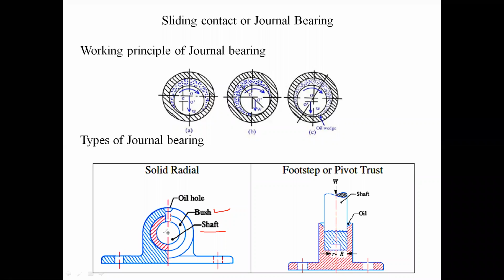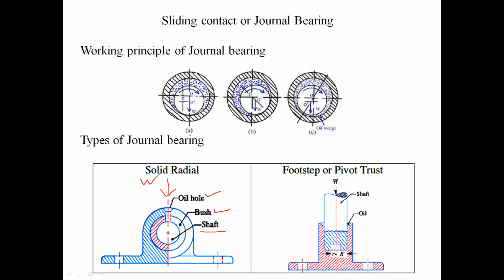The shaft is rotating inside this bush, and there is an oil hole. The direction of load is perpendicular here. So this is the load W. The load W is radial in direction.